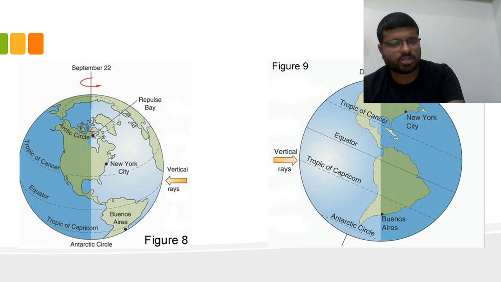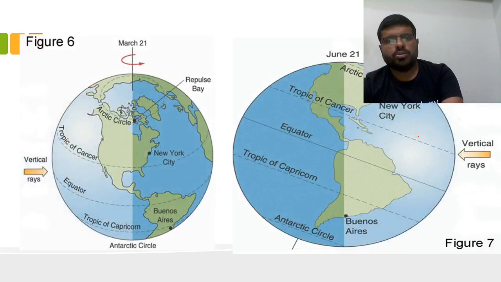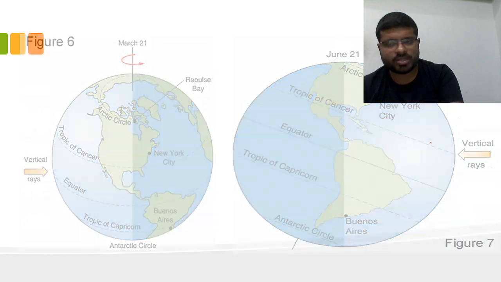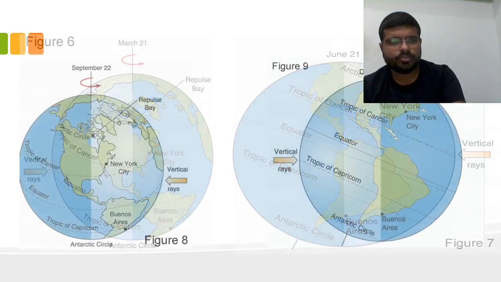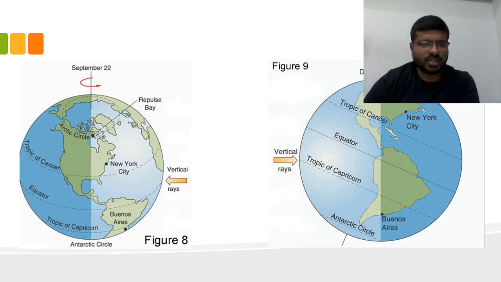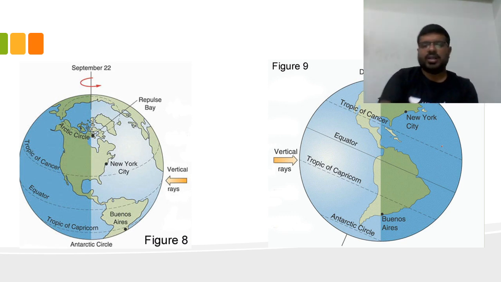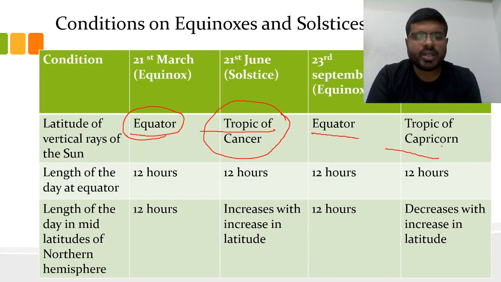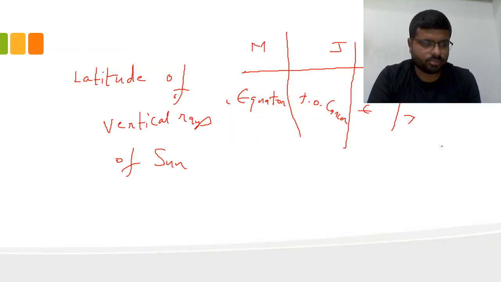On March 21st, it is at the equator, as you can see in figure 6. On June 21st, it is on Tropic of Cancer. On September 22nd, once again on the equator. Then December 21st, vertical rays are once again on Tropic of Capricorn. That's the condition I have discussed now. Then the length of the day at the equator. What will be the length of the day at the equator in March?